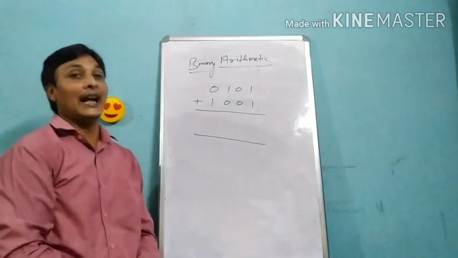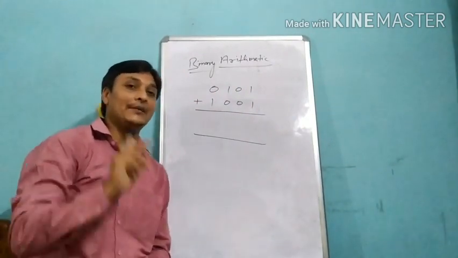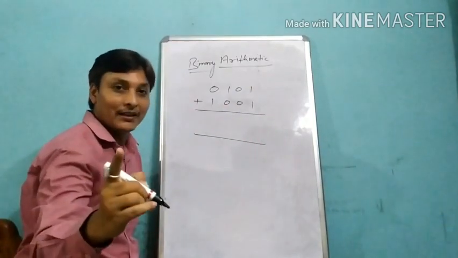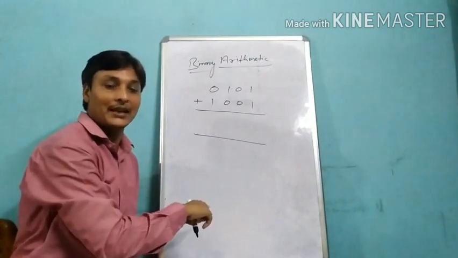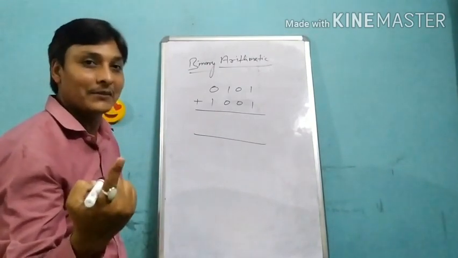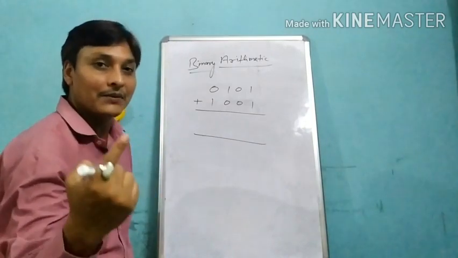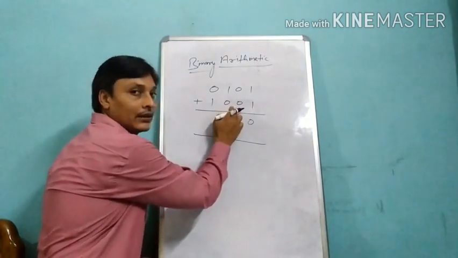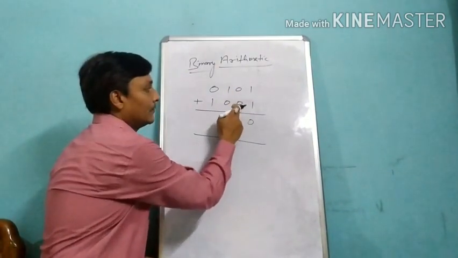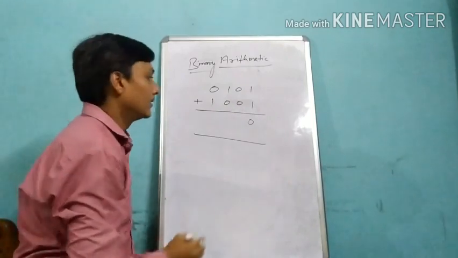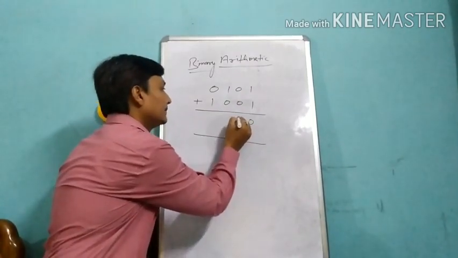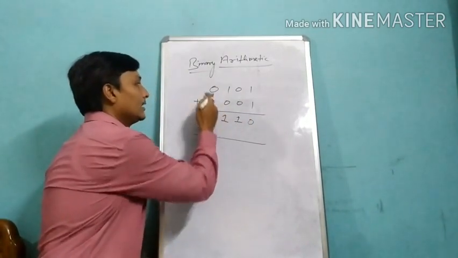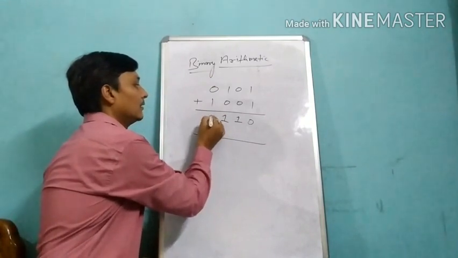So how will we add? If I go with 1 plus 1, it is 0 carry 1. As I told you in the formula, 1 plus 1 will be 10. So how do you have to write? 1 plus 1 means 0 carry 1. So we will mention first 0 and the carry will proceed this way. Then 1 plus 0 equal to 1, and 0 plus 1 equal to 1.